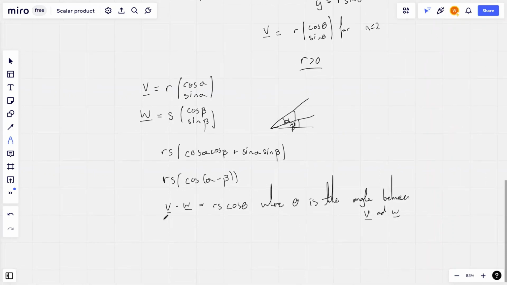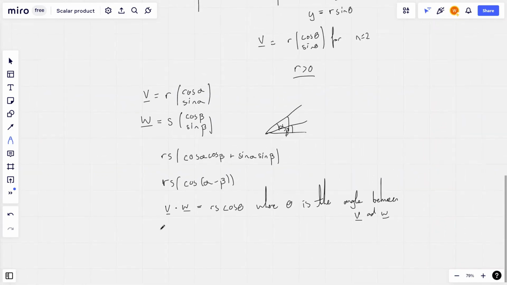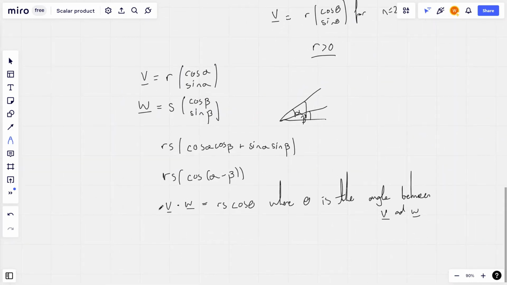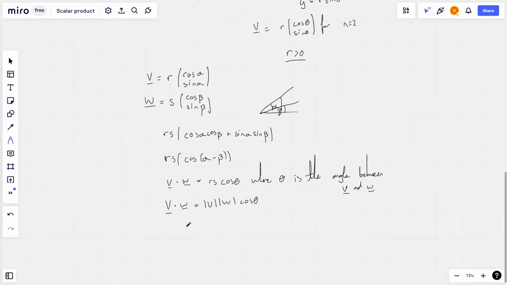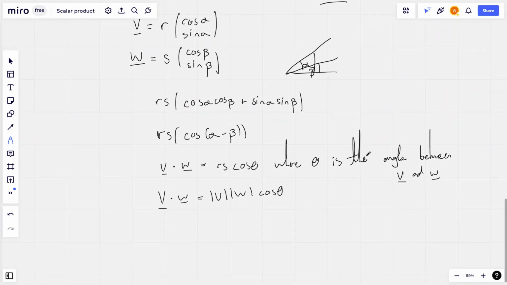And we know that our r and s are just the magnitudes of our vectors. So we have v dot w is equal to the magnitude of v times the magnitude of w times cos theta. Now this is the case in 2 dimensions. However, it actually follows that it's the case in n dimensions. So even though we proved the case for n equals 2, it actually holds in Rn.